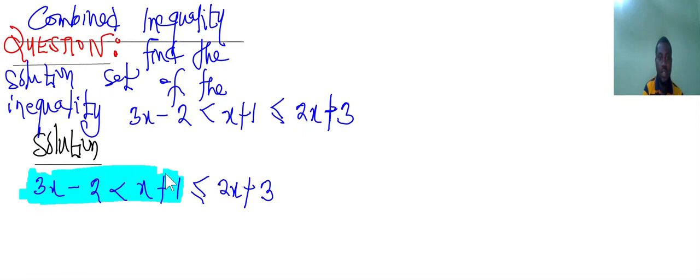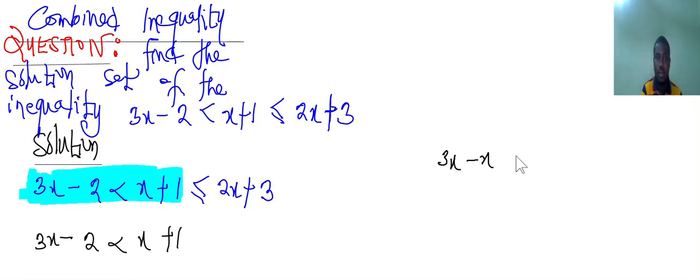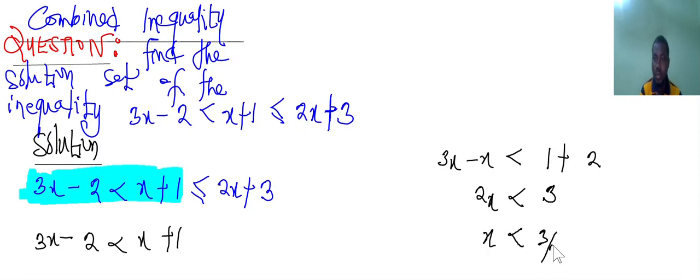Let's take the first one and try to solve that. So we have 3x minus 2 less than x plus 1. Collect like terms, so we have 3x minus x less than 1 plus 2. 3x minus x is 2x, less than 1 plus 2 is 3. Let's divide through by 2, x less than 3 over 2.